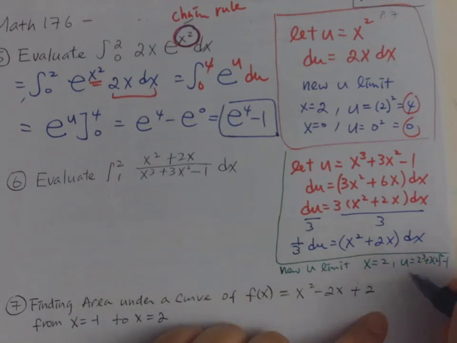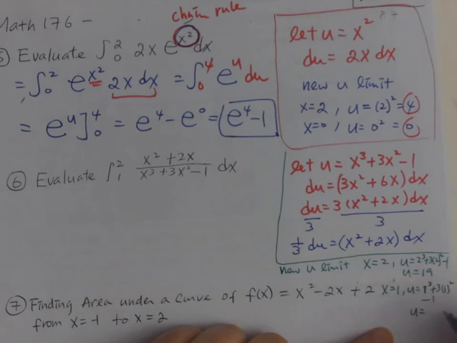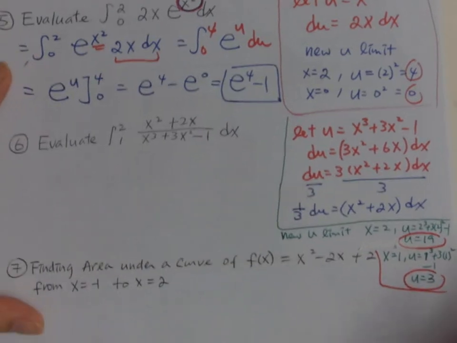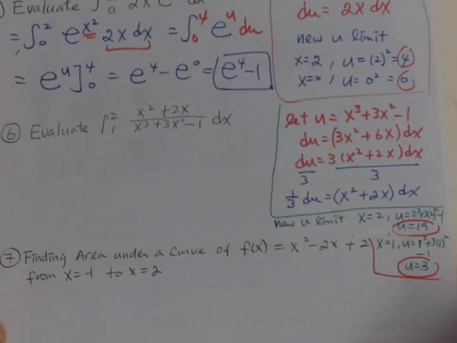The top one, u is supposed to be 19, and then if x equals 1, then u will be 1 cubed plus 3 times 1 squared minus 1. So the second u will equal 3. So I apologize, we didn't have a lot of space here. Okay, but we can use that to substitute in here.